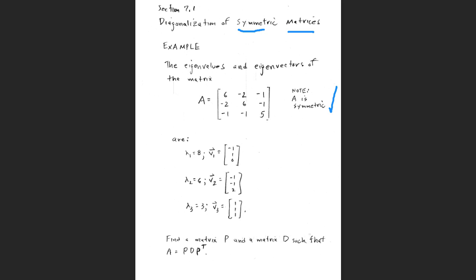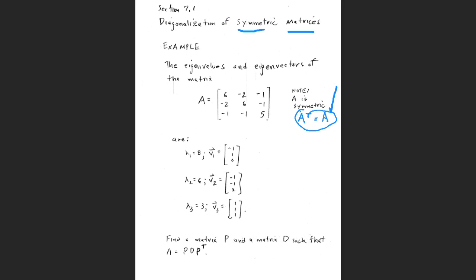In other words, A transpose equals A. Therefore, A is symmetric. Now, the eigenvalues and eigenvectors, which you can easily find for this matrix A, are given here.